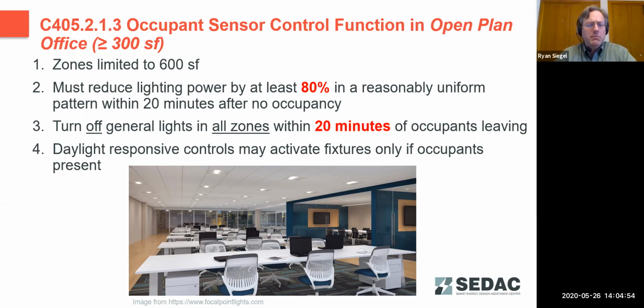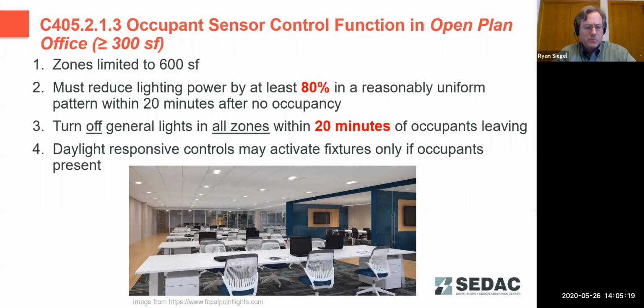This can be done one of two ways. The more common way, and perhaps the easier way, is the occupant sensing device just controls 100% of the lighting in its zone. When a zone is unoccupied, all the lights go off and you're done. This doesn't include lighting for safety and security, so this is just the controlled lighting.